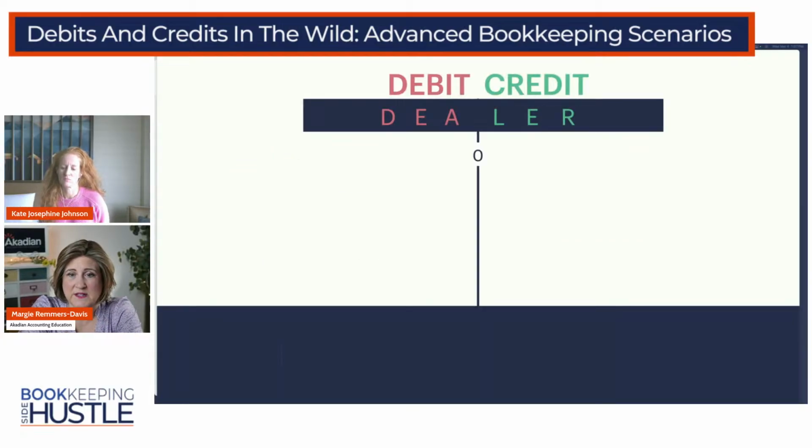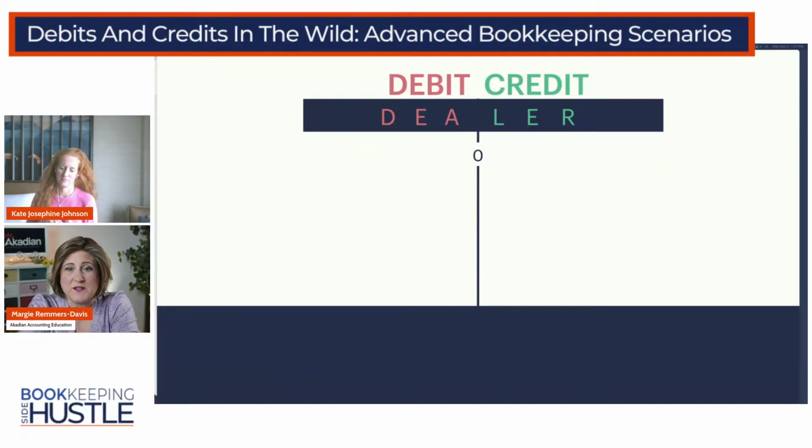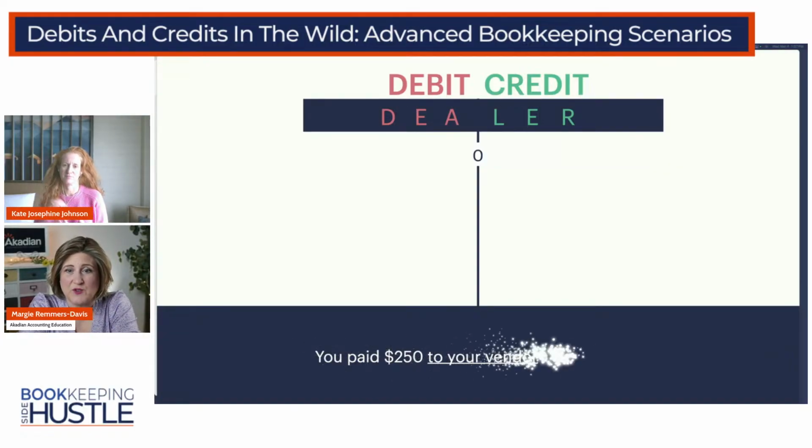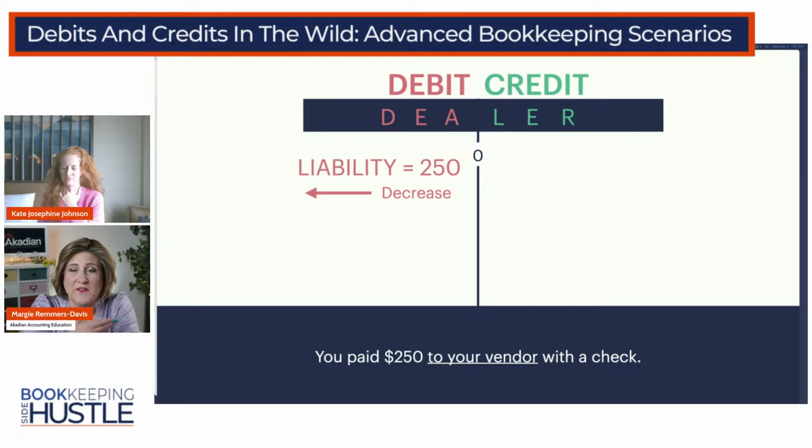Okay, so let's take a look at our scenario. Last week, we talked about paying the credit card with a check. Well, now instead of paying the credit card with a check, we're simply going to pay that vendor with a check. Okay, so it's the same thing. So there's less liability. The liability decreased, so that means it goes on the left. The checking account, that is the check that you paid that comes out of an asset.